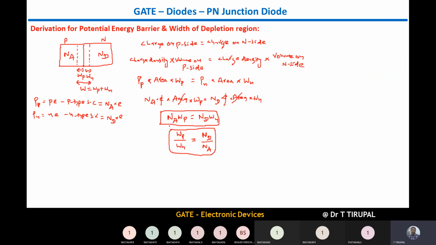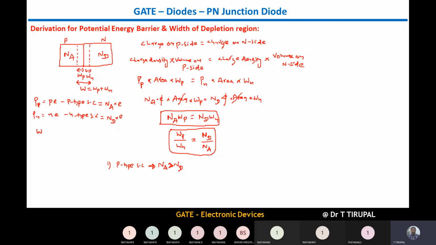Now the GATE questions come like this. Case 1: if the semiconductor is a p-type semiconductor, then the acceptor concentration is greater than the donor concentration. Then the question will be asked: what about the depletion region widths?